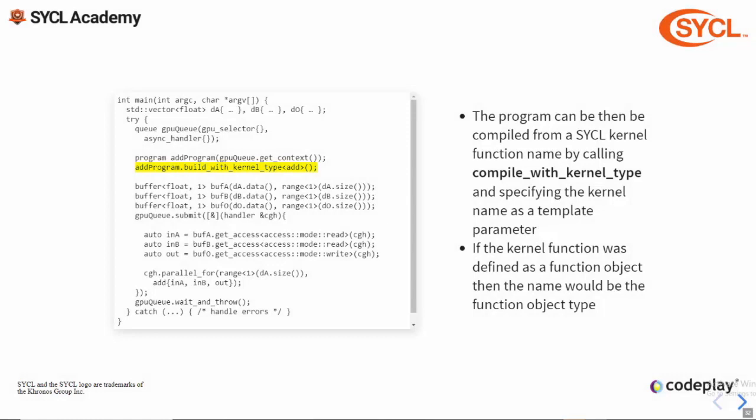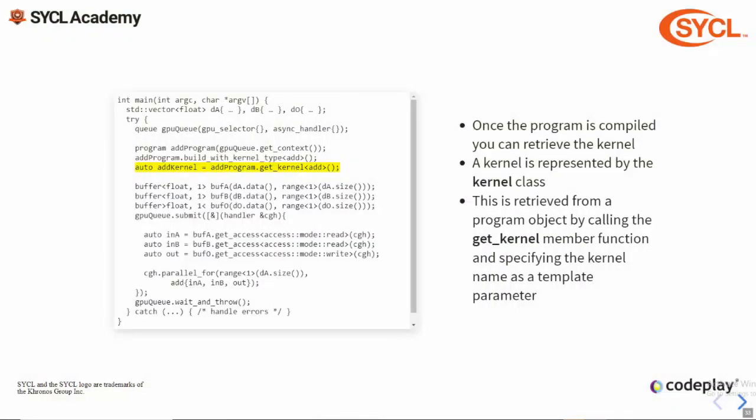There are a few different ways that we can do this, but the simplest is to build it, which does both compilation and linking. We do this by calling the buildFromKernelType function, specifying the kernel name as a template parameter. You can optionally pass build options here as well, but in this case we don't provide any. If the kernel function was defined using a function object, we would use the function object type here. This has now done what the parallel for would have done implicitly.